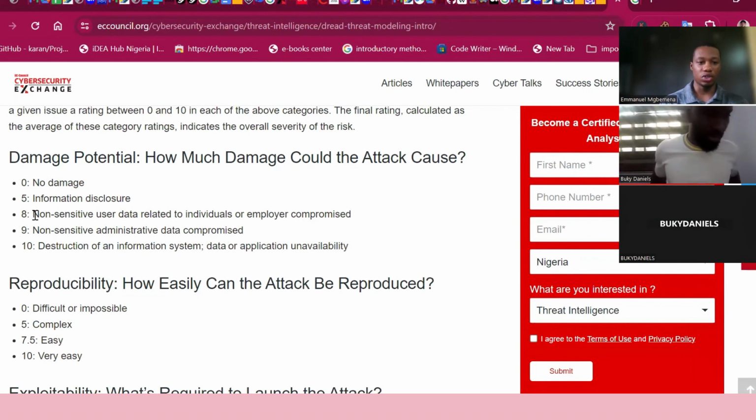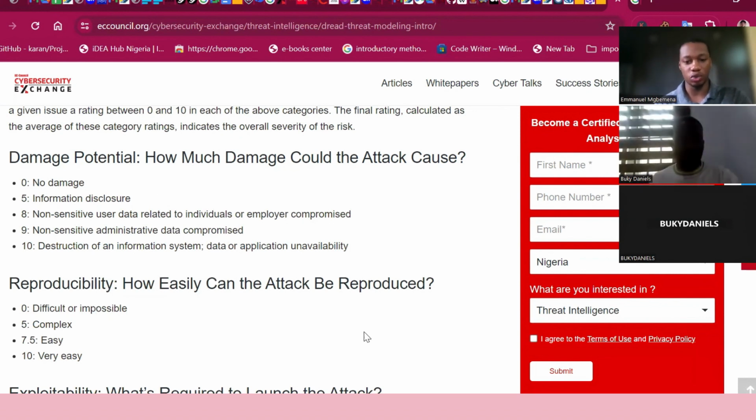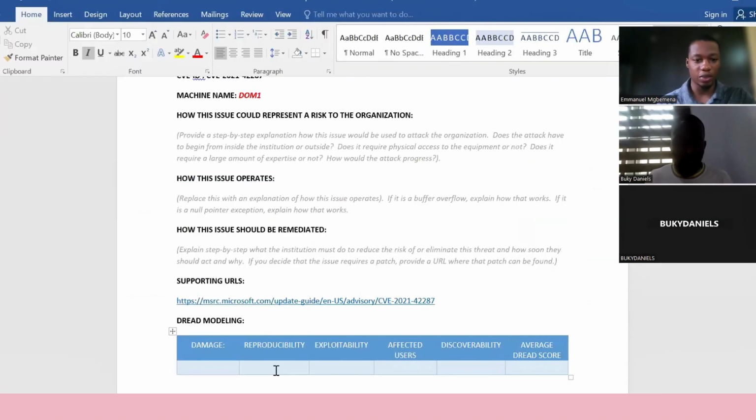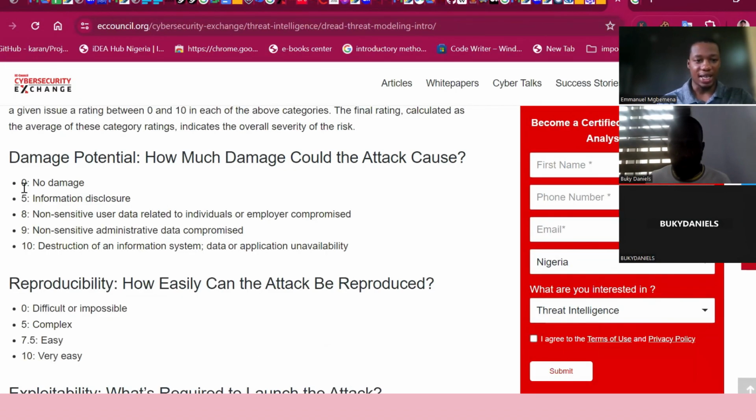If you look at this, we're supposed to assign a number to each of these categories. So we can assign 0, 5, 8, 9, 7 or 10. It could be 0 to 5 if there's no damage, 5 to 8 if there's information disclosure, 8 to 9 if it's not sensitive, or 10 for this.